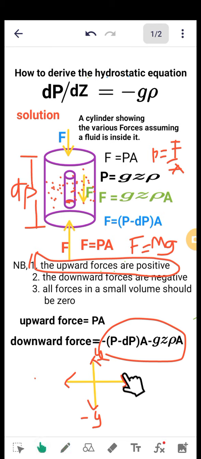One thing we should note is that we derived the equation by using the Cartesian plane. So the upward force, which is moving up, is positive, and the downward force, which is acting downward, is negative.